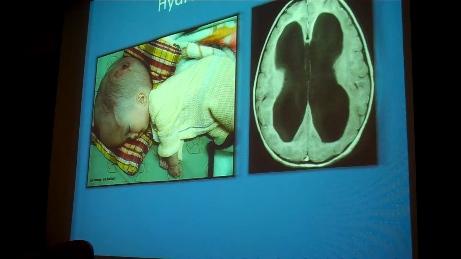Anything unusual, they're going to get scans and take a look, but they'll treat it by putting in basically a catheter, a shunt from the cavity, and they'll take it down into the abdomen and it'll just drain the fluid in the abdomen. So it takes the pressure off the brain.